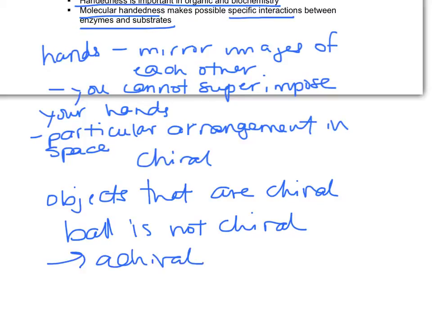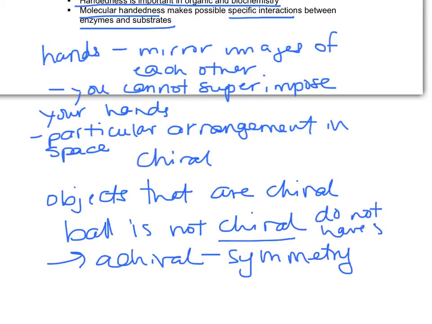And when something is achiral, and I'll define it again, it has symmetry. Okay? Whereas these chiral objects do not have symmetry. They are non-superimposable mirror images.